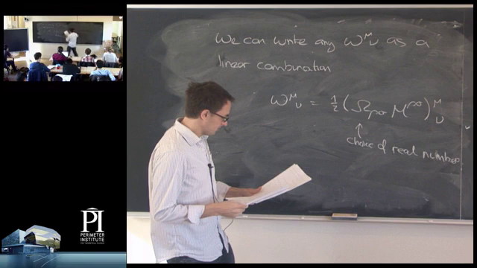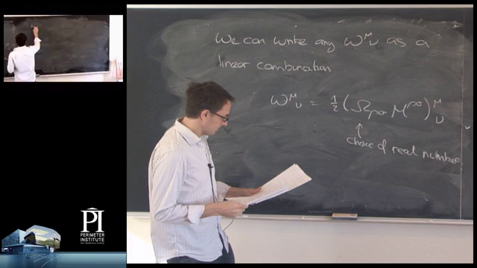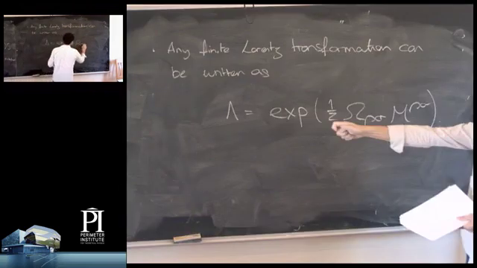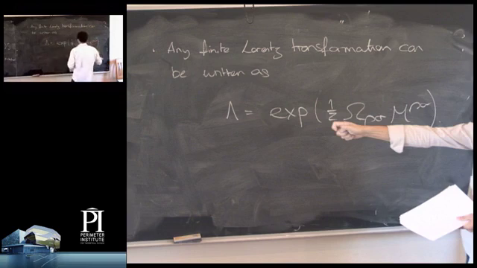So the first one is that any finite, and actually there's a caveat to the any, but I'll come to that later, Lorentz transformation can be written by taking this infinitesimal one and exponentiating it.